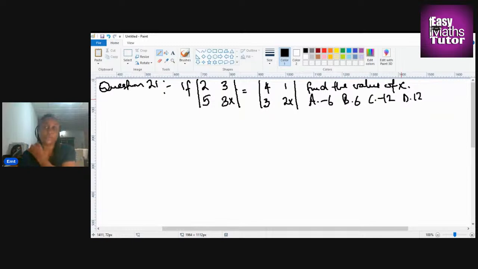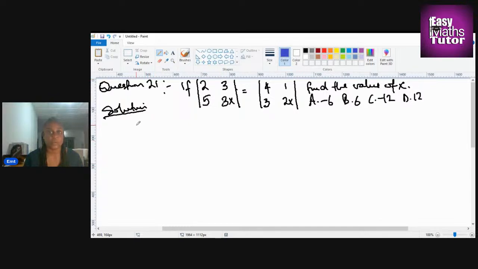Okay, so we have a solution. Quickly, we're going to find the determinant of each of these matrices, and then we're going to equate them.